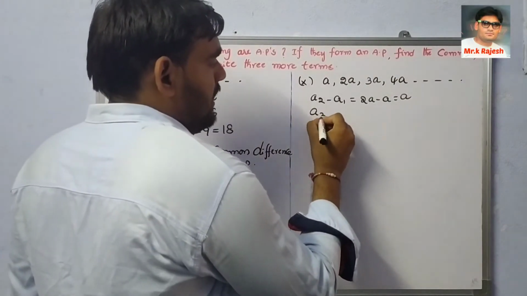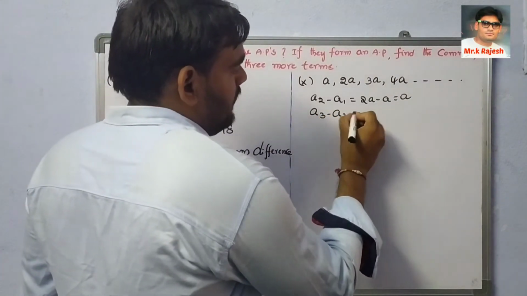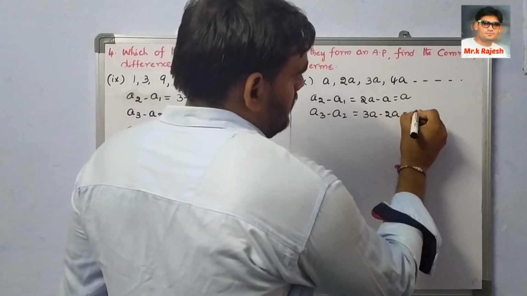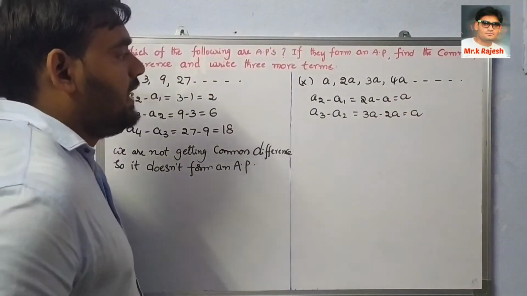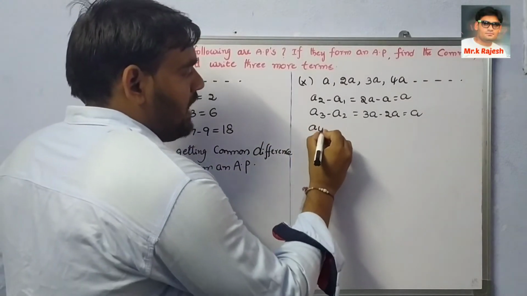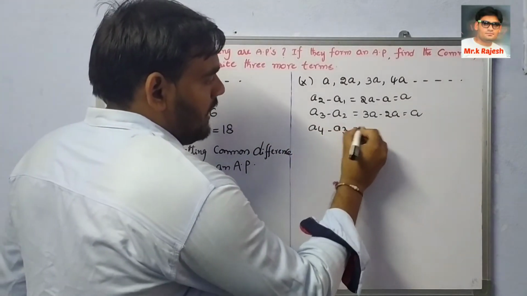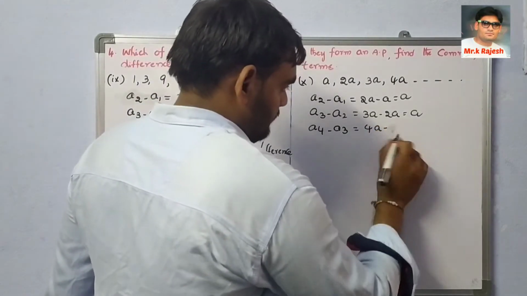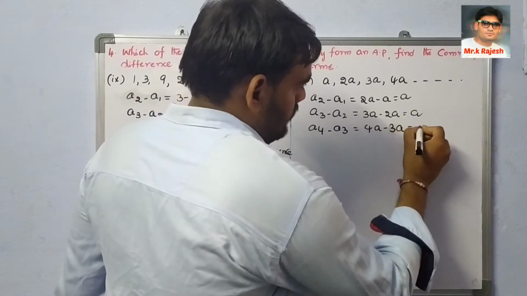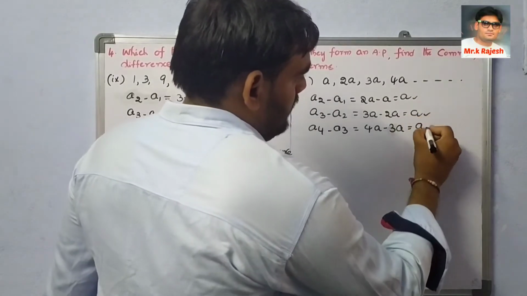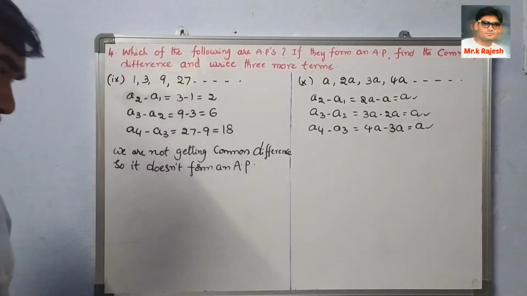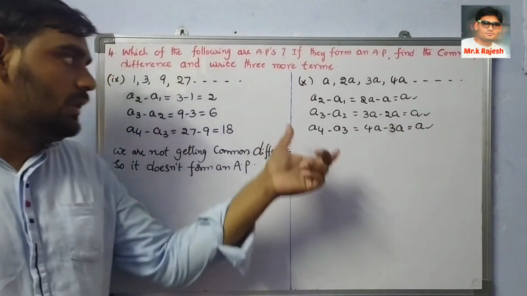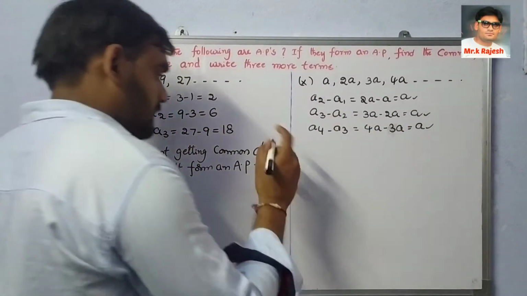Next, A3 minus A2, that is 3a minus 2a, is equal to a. Next, A4 minus A3, that is 4a minus 3a, is equal to a. So here we are getting A2 minus A1 is equal to A3 minus A2 is equal to A4 minus A3 is equal to a. Therefore, common difference D is equal to a.